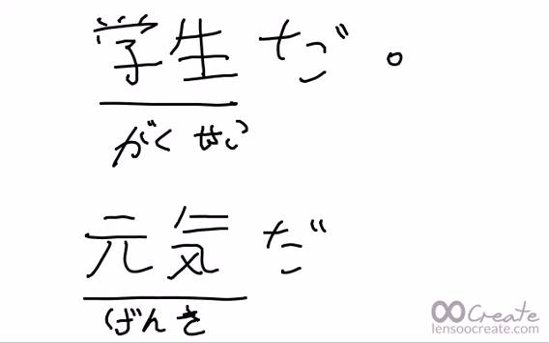So genki actually means health or wellness. While genki is generally used as an adjective, in this case it's more of a noun, a beingness of health that's being established. So by saying genki da, you're saying someone or something is well, or wellness is established.